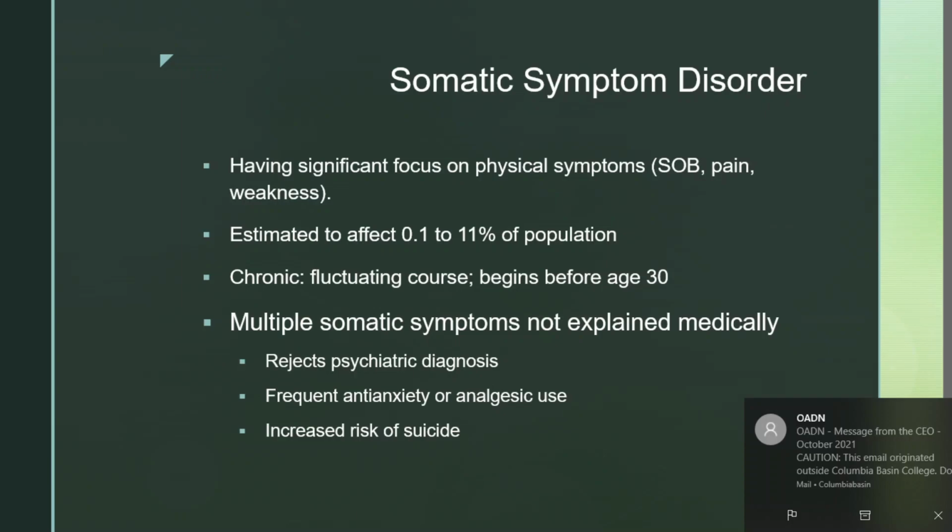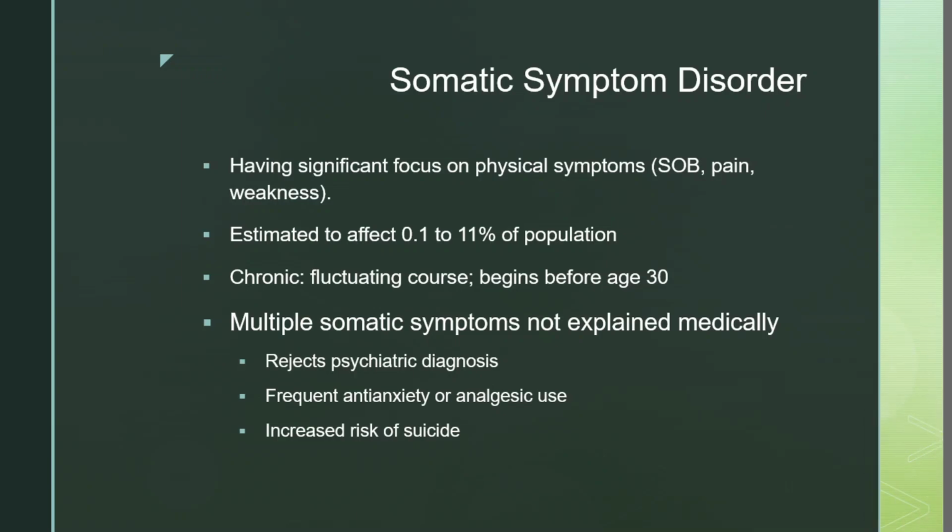I don't know why the range is so big, but it's big on all of these. So it's estimated to affect 0.1 to 11% of the population. So almost nobody, or up to 10% of us, right?